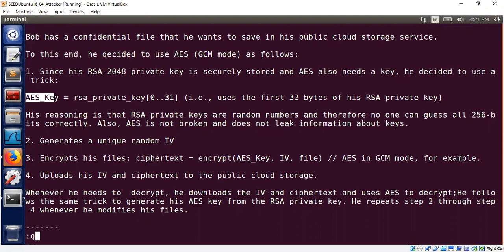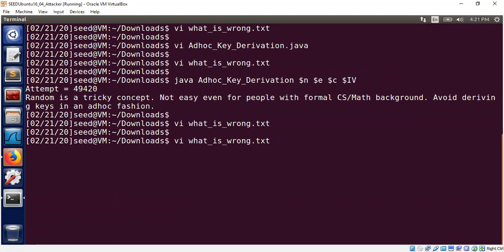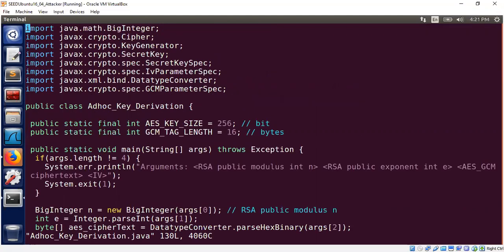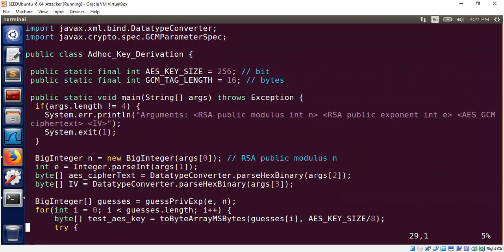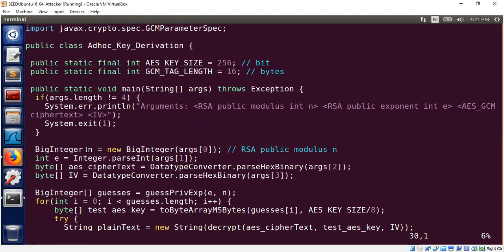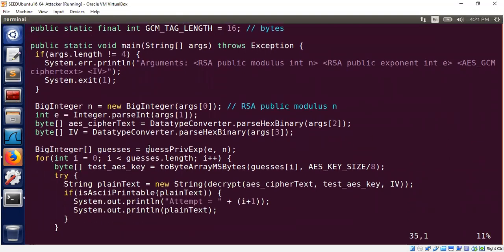Now I will explain the algorithm a little bit, what I did. I think you already saw the algorithm on the slides, but I will quickly walk through the code, how it works. It may not be the best structured code, but it's okay for our purpose. We have n, the public modulus, the RSA public exponent, and the AES ciphertext and IV, 4 inputs, right? What we are doing is we start guessing the private exponent.